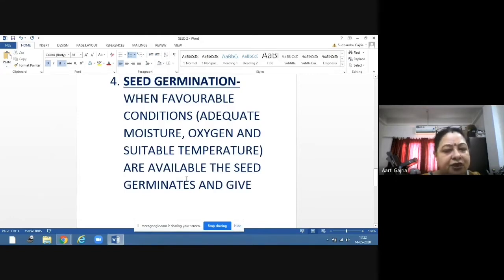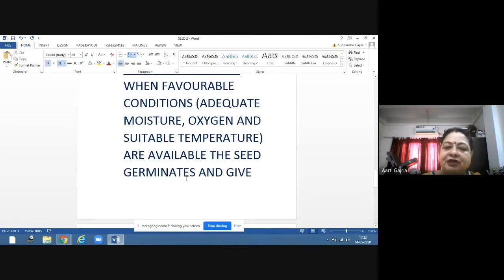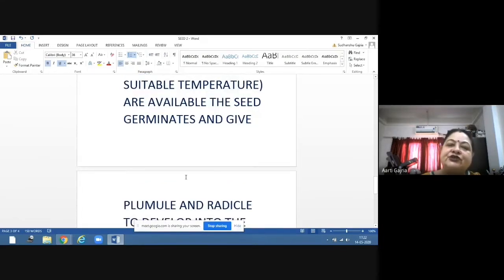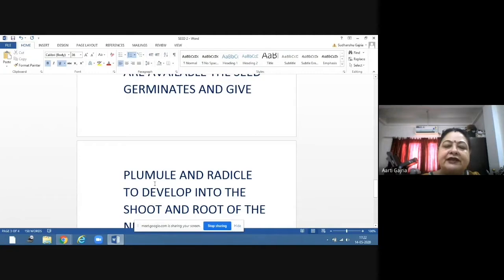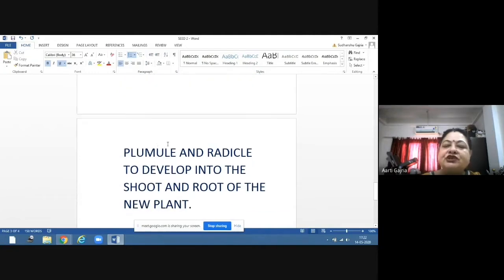What do we mean by the seed germinates? It means it gives rise to sprouts. And what are these sprouts? The plumule and radicle. Plumule is the future stem and shoot, and radicle is the future root.